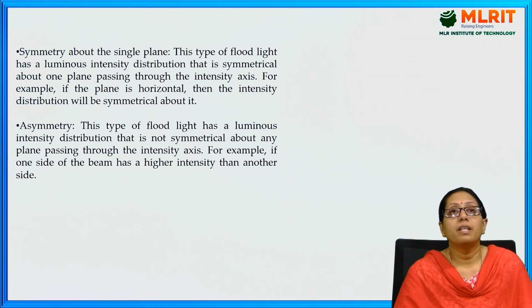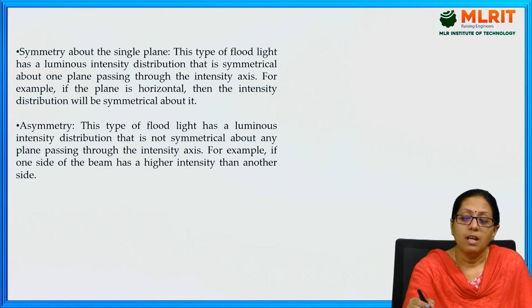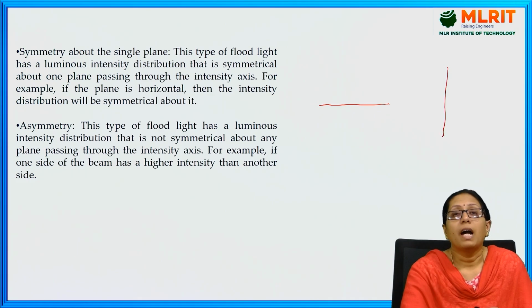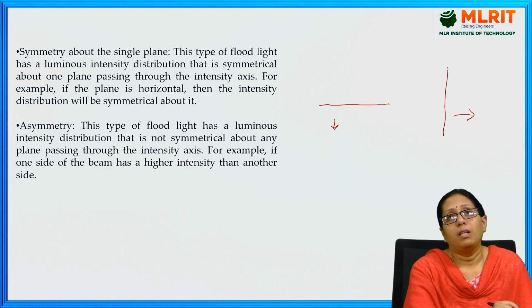The third one is symmetrical about a single plane. Either the horizontal plane or the vertical plane, the light intensity is symmetrical to either this one or this one, any one plane.